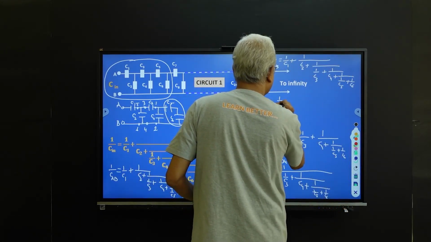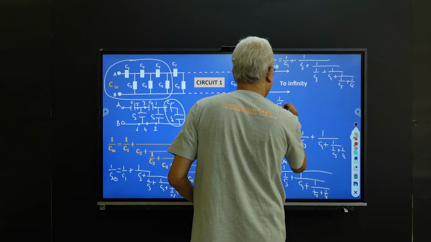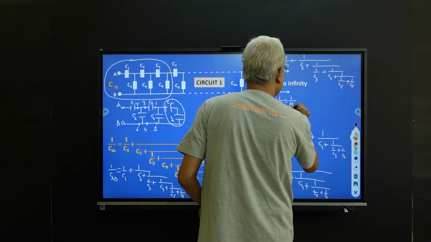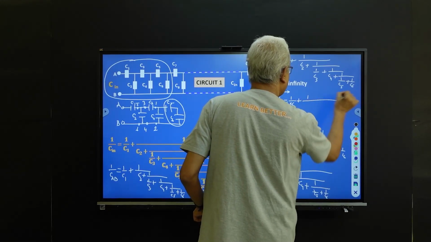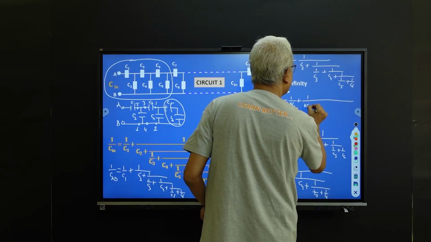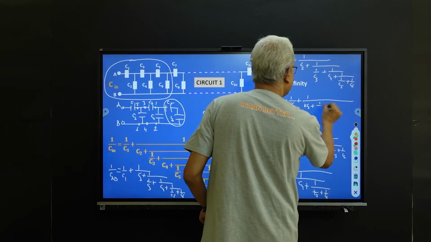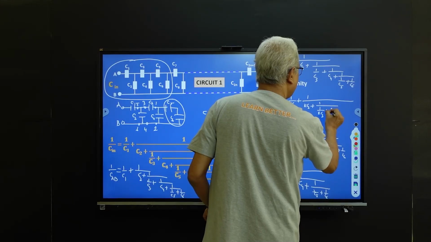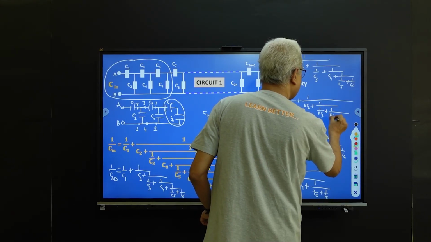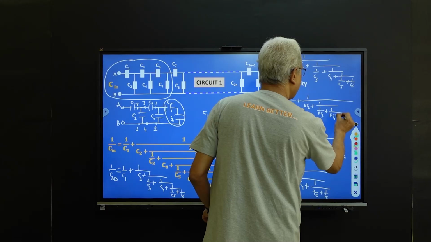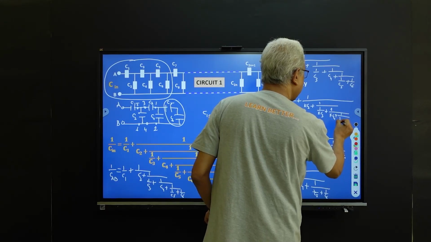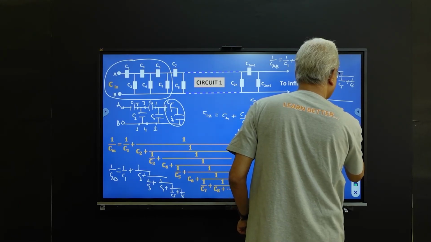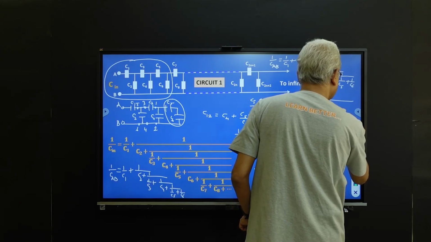So 1 by C dash AB will look like 1 by KC1 plus 1 by KC2 plus 1 by KC3 plus 1 by KC4 plus 1 by KC5 plus 1 by KC6.